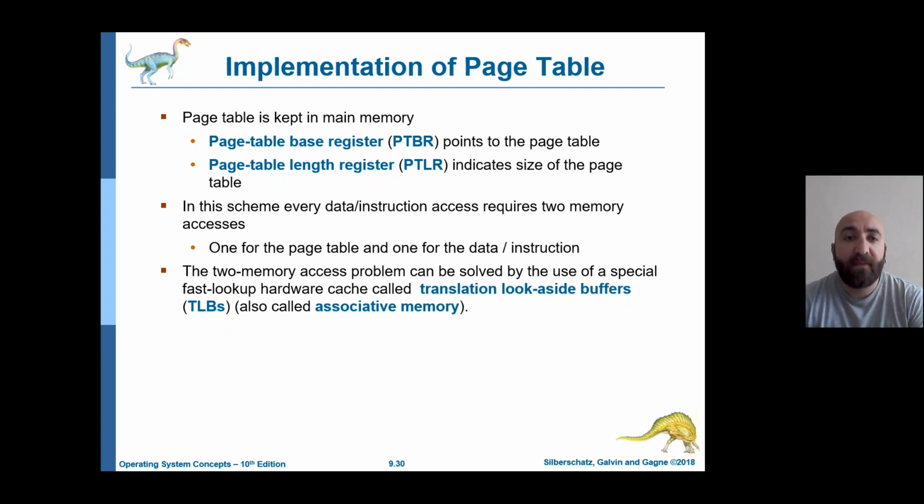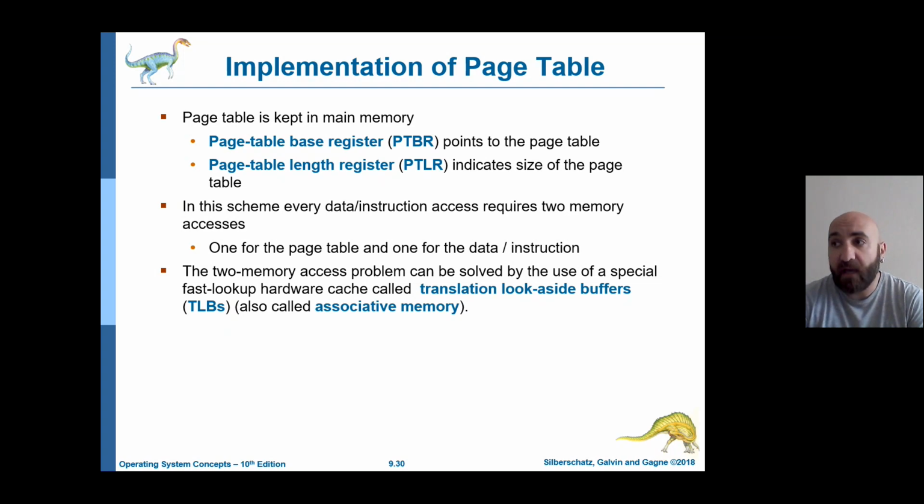First of all, the page table is kept in main memory. The page table has a base register called the PTBR, the page table base register. That register points to the page table, and the page table length register indicates the size of the page table.